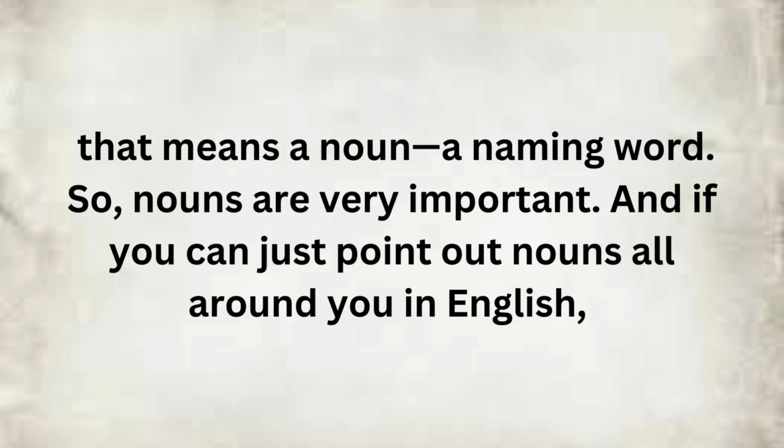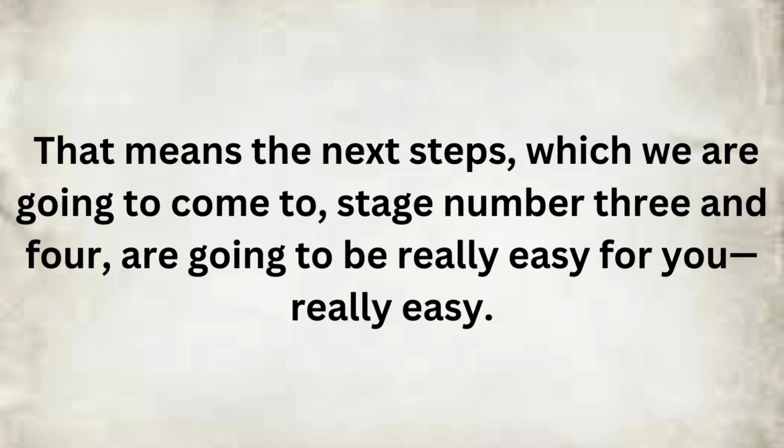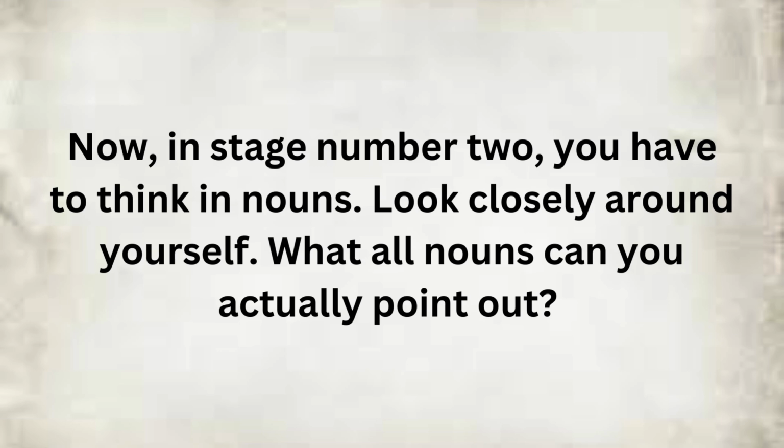And if you can just point out nouns all around you in English, that means half of your work is already done, because you have already thought in verbs, the actions which are going on around. That means the next steps, stage number 3 and 4, are going to be really easy for you.